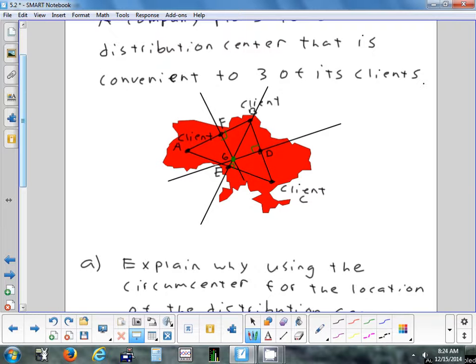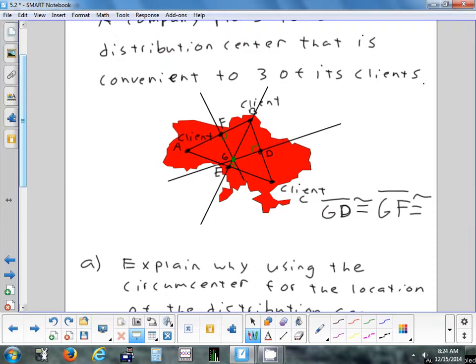Reflexive property. So we need our segments from the vertices to the circumcenter. They're not actually sketched in the diagram. But go ahead, Marquise. G. Yep, GD would be congruent to what? GF. Yep, GD to GF.